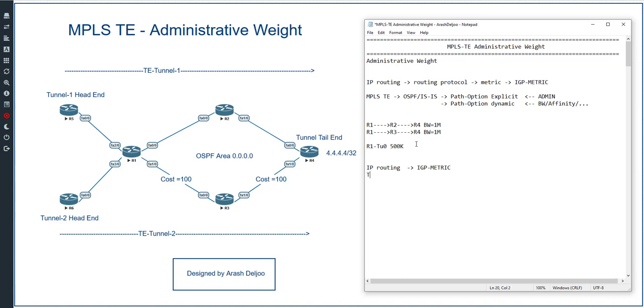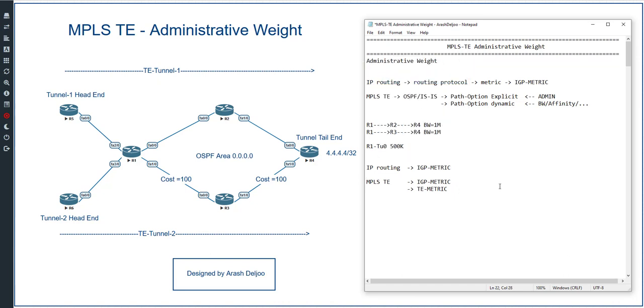But in MPLS traffic engineering, we have two types of metric. The first is the IGP metric, and the second is the TE metric. Let me talk about these two features, the IGP metric and also the TE metric. The TE metric's other name is administrative weight.